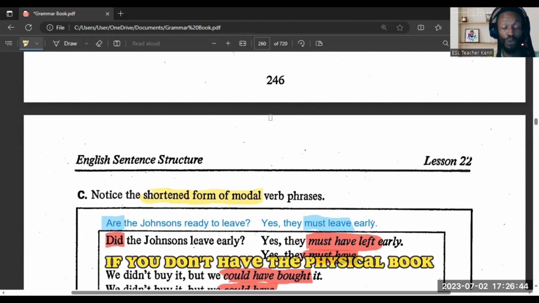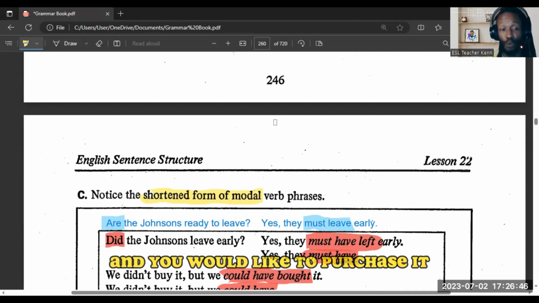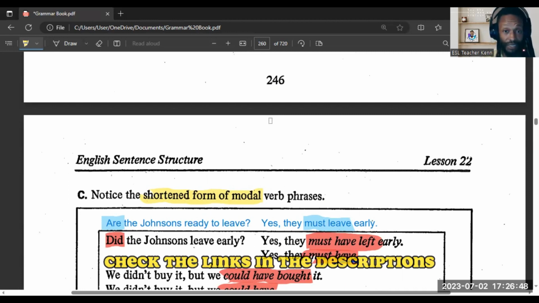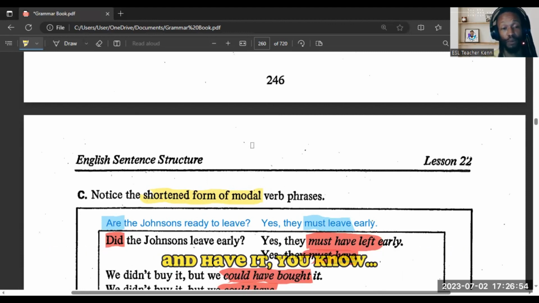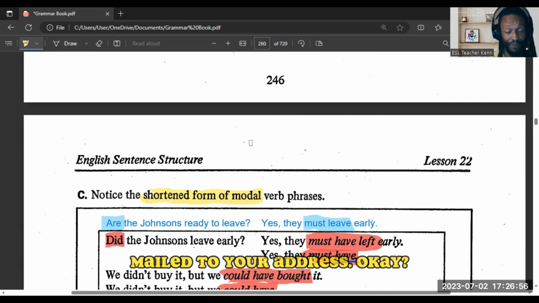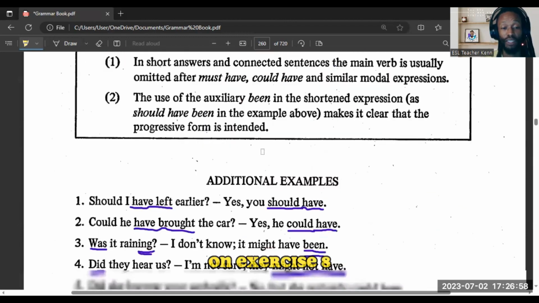If you don't have the physical book and you would like to purchase it, check the links in the description, because you have the option to purchase it on Amazon and have it mailed to your address, okay?